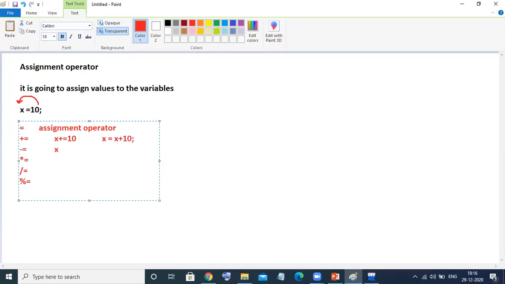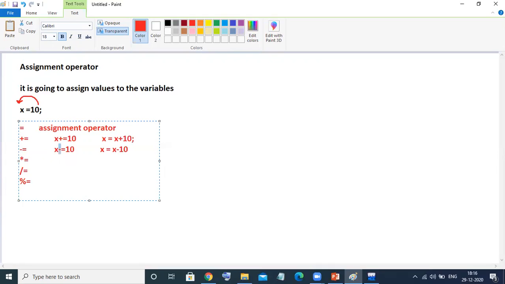If I'm writing x minus equal to 10, you might have guessed now, x is equal to x minus 10.